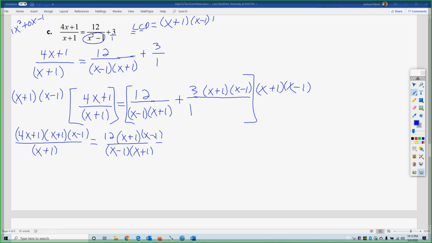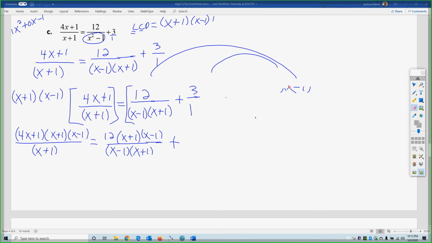Plus, right? Because this goes to both of them, right? I wrote that wrong. Wow, I can't believe I did that. I added it twice for some reason. I was one step ahead of myself.